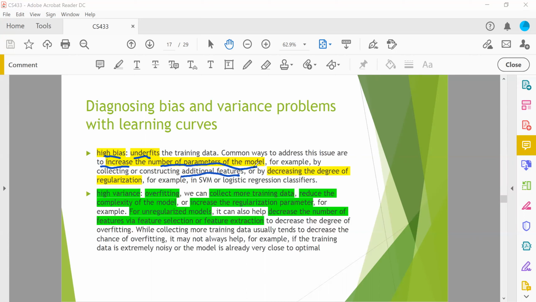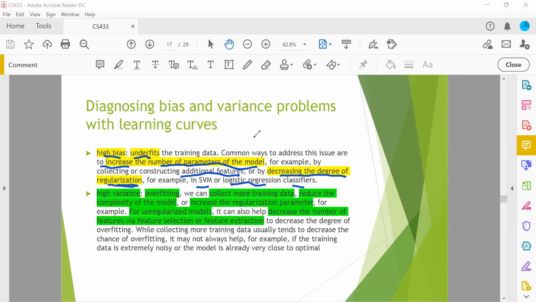Add more features. We can also decrease the degree of regularization. You remember in SVM and logistic regression classifiers, you can decrease the regularization.